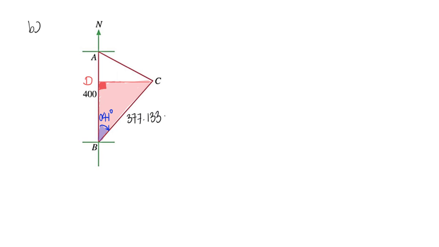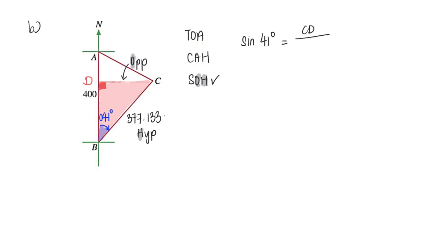And so, to find the length of CD, I would tap on my knowledge of SOH CAH TOA. With reference to the angle 41 degrees, BC will be my hypotenuse, CD will be my opposite side. So with O and H, I am going to use the sine ratio. So sine 41 degrees will be equal to opposite over hypotenuse.